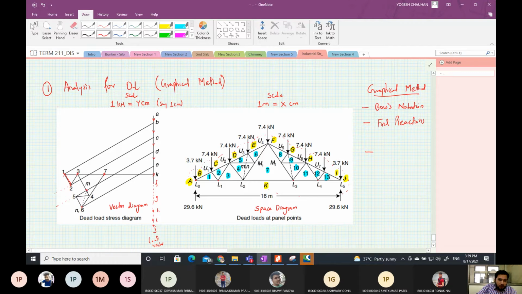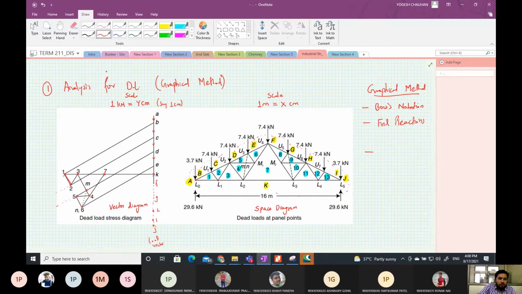Then you project this line 3M, and you will get this 4 point. And then you draw a horizontal line 4 5, so you will get 5 point.